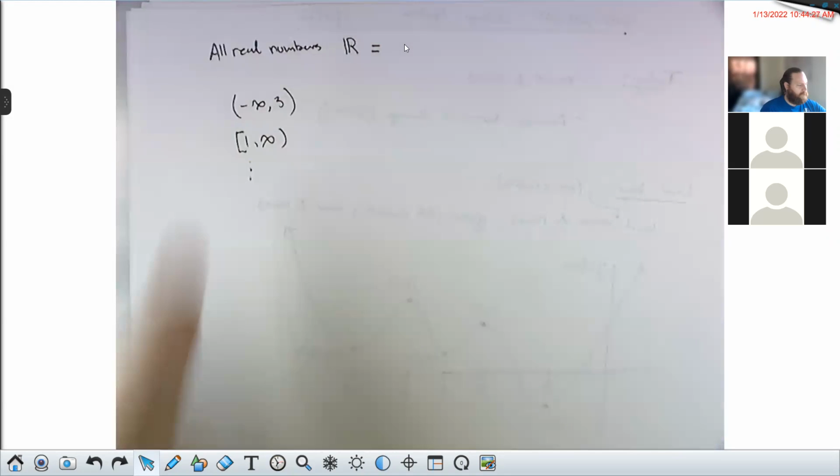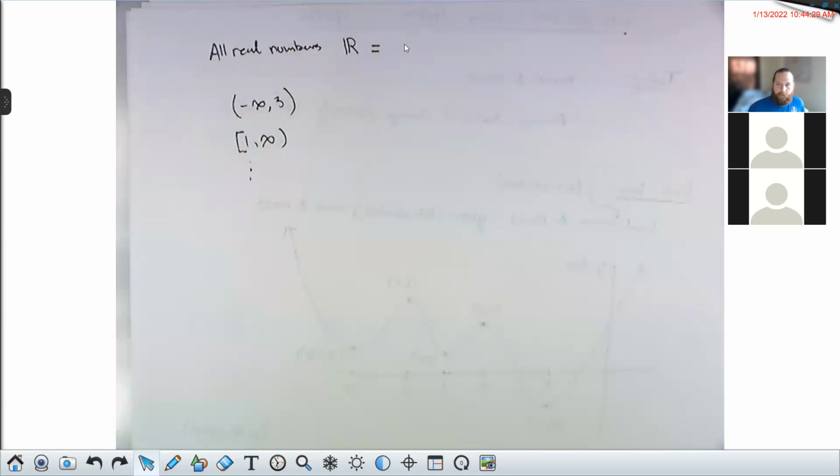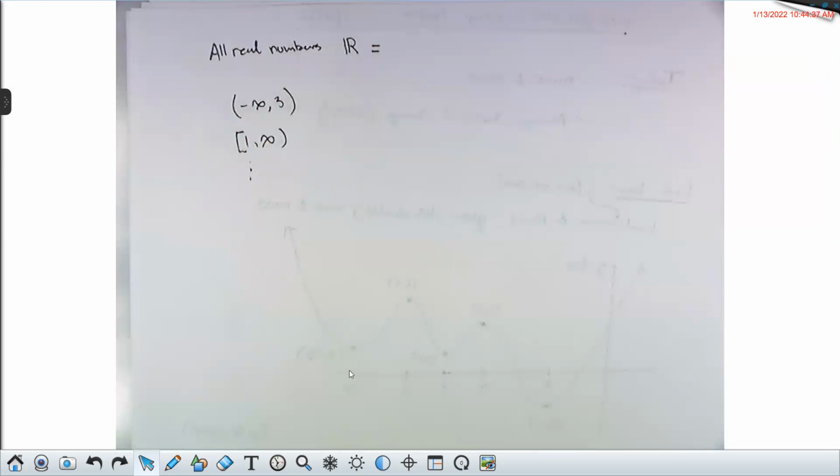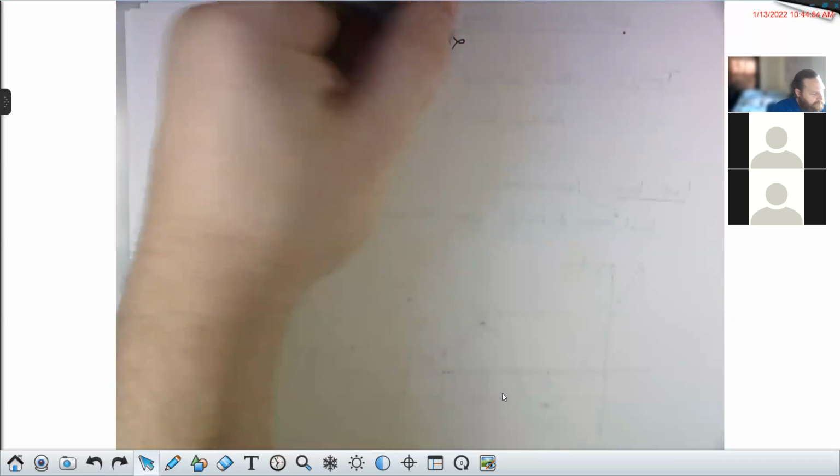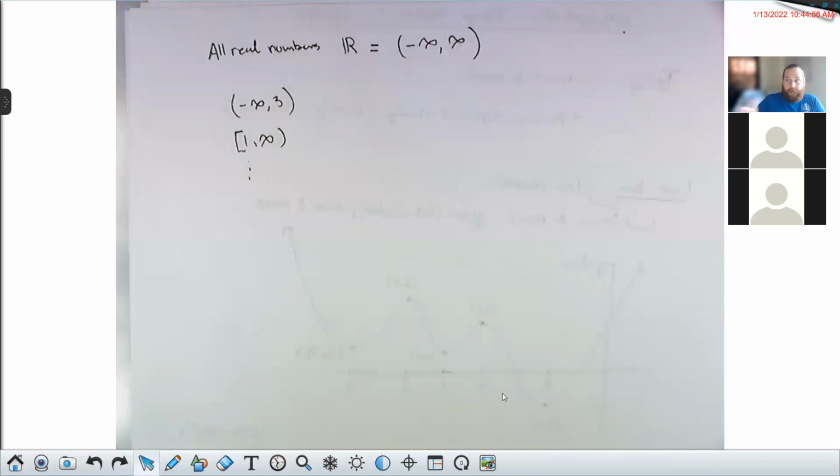Is there a combination of symbols like these I could use to describe the whole real line? This one might seem a little bit silly, so I don't mind just telling you. This is negative infinity to positive infinity, right? Everything.